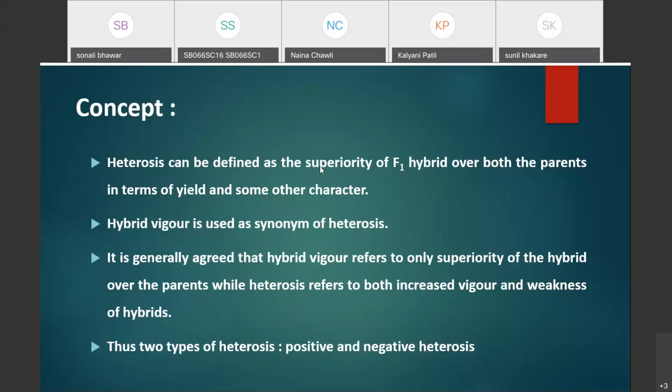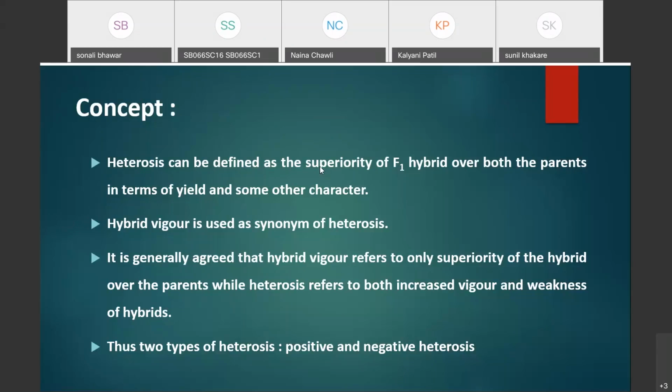As per the hybridization method, whenever two homozygous inbreds having different genetic constitution are crossed with each other, the progeny produced is a hybrid, and it is superior, vigorous, productive, sturdier, and taller than its parents. I'm repeating this: the hybrid produced is more vigorous, productive, sturdier, and taller than either of its parents.